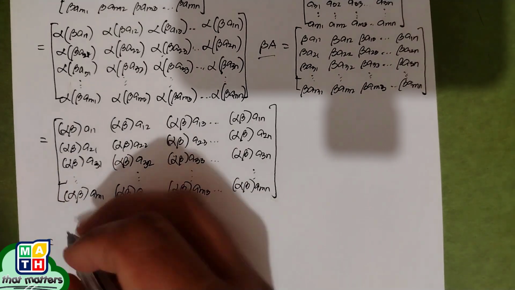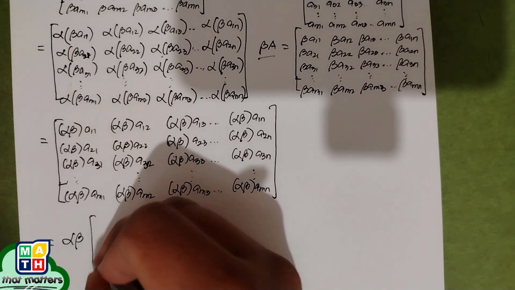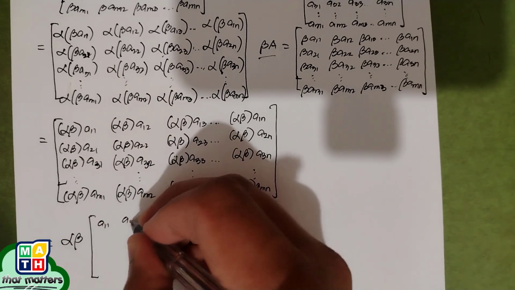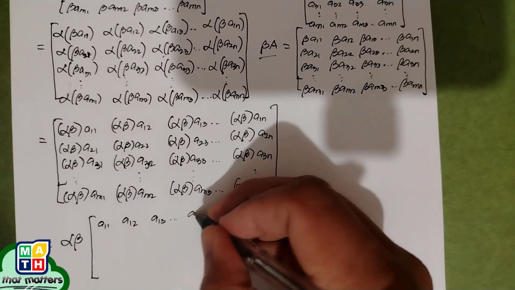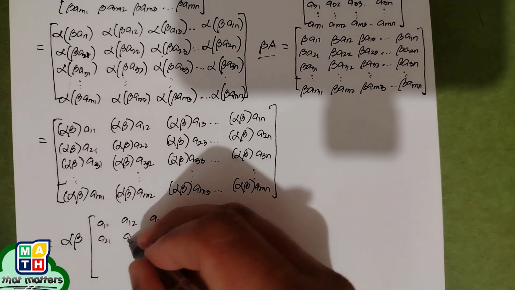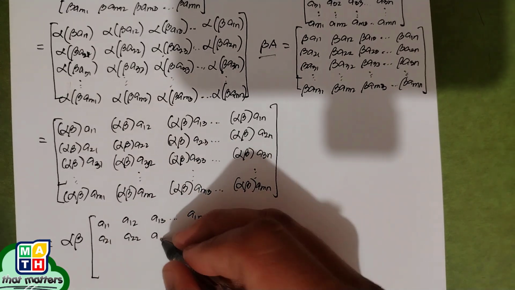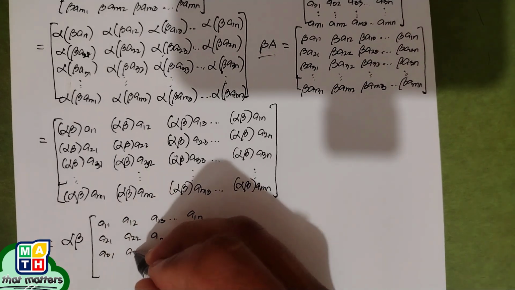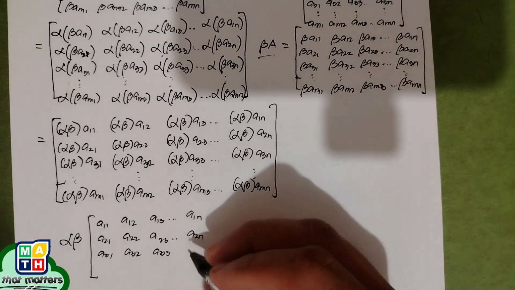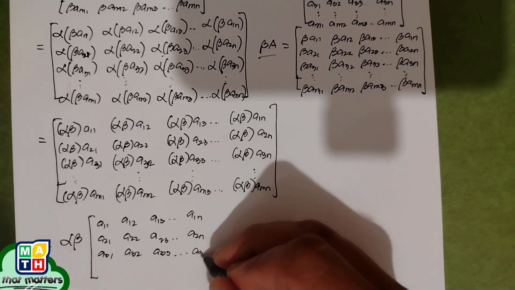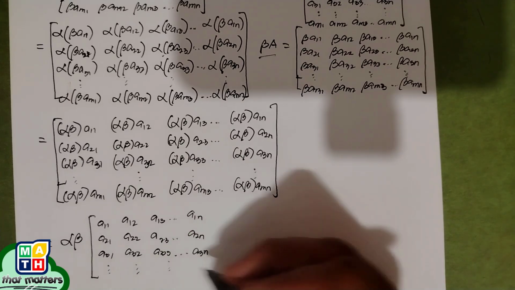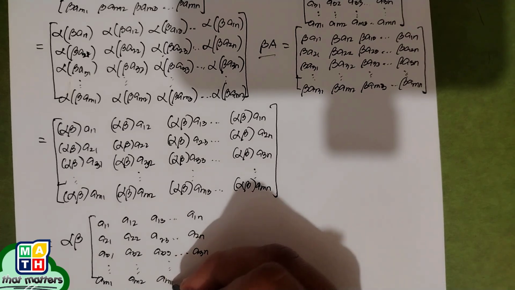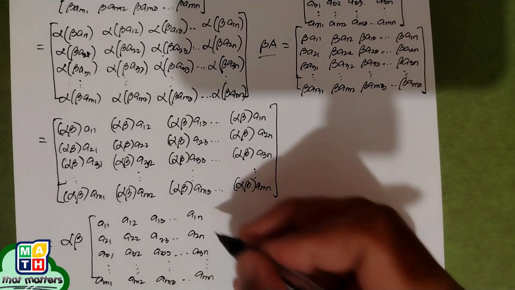So we could have this expression, alpha beta times what remains, which are these components: A11, A12, A13, A1n, A21, A22, A23, A2n, A31, A32, A33, A3n, that here, Am1, Am2, Am3, and you have Amn.